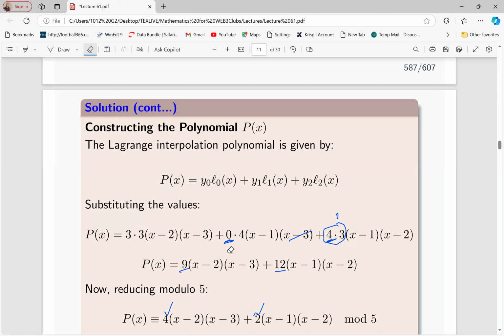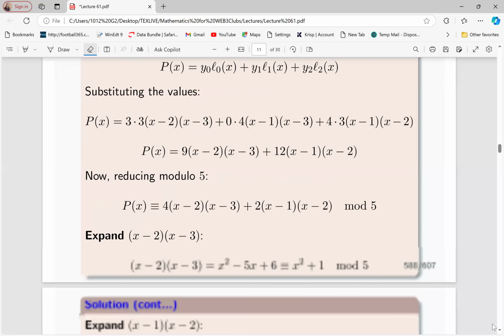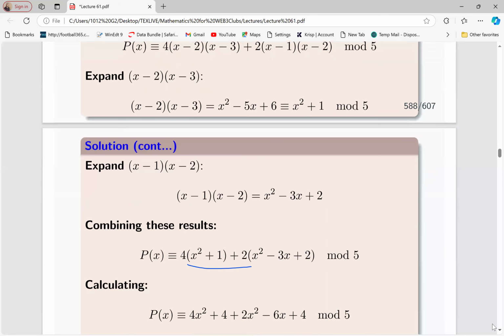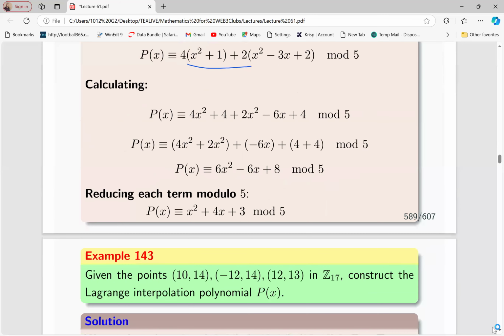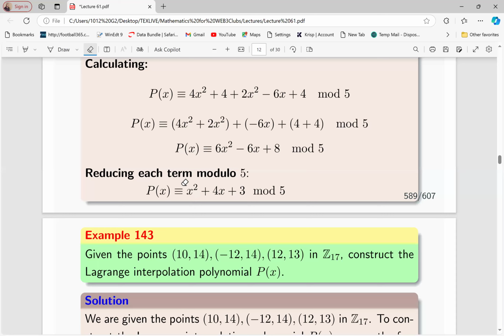That's how you do it. I'm sure this concept is now very clear, because it's not the first time we're interacting with it. So when you do that, this is the polynomial you arrive at.